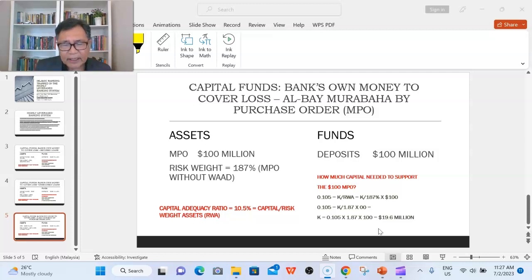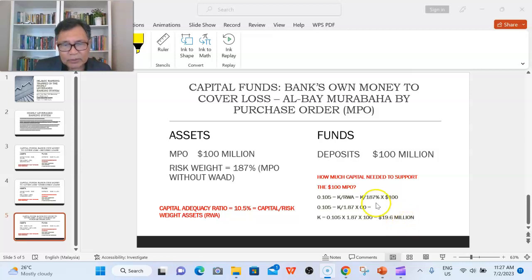And with that MPO, whereby there is no waad, there is no legal requirement for the customer to purchase. The customer may finally exit the transaction, and the bank will be caught holding that particular machinery that it doesn't want, and therefore the exposure to loss will be much, much greater.